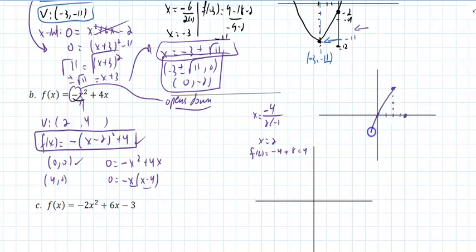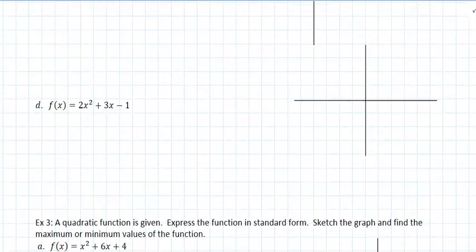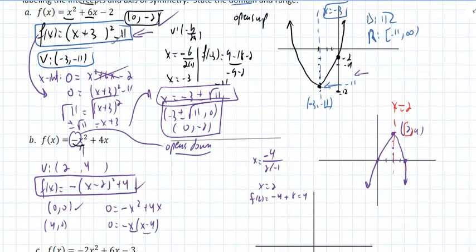This is as good of a graph as I'll ever get. This point is at 2, 4. So when they say, alright, what's the axis of symmetry? x equals 2 is the axis of symmetry. If they don't ask for it on the homework, you don't have to do it. I'm just showing you what that is, because that does come up in other books. Alright, and what else is there?